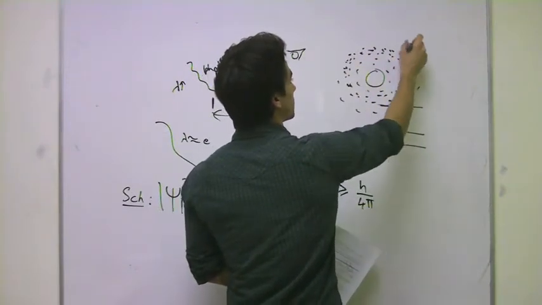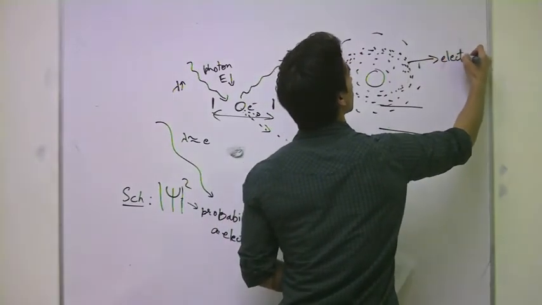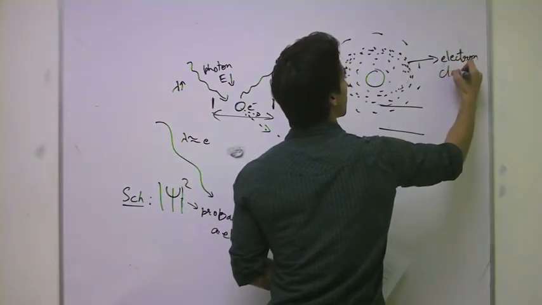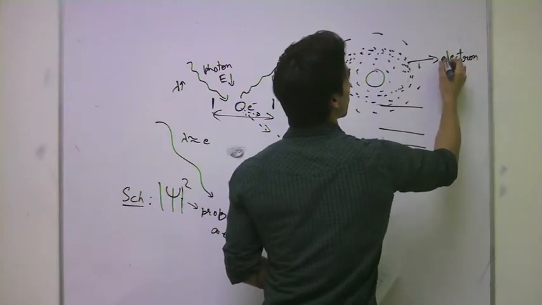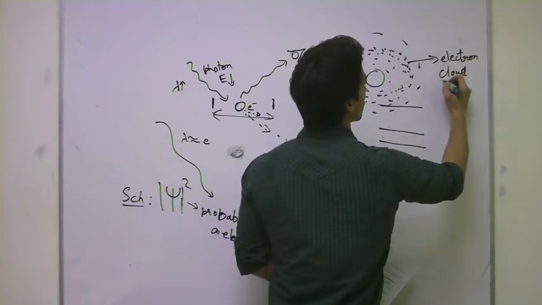This is also called the electron cloud model, and is currently the accepted model for electrons' existence in atoms and molecules.